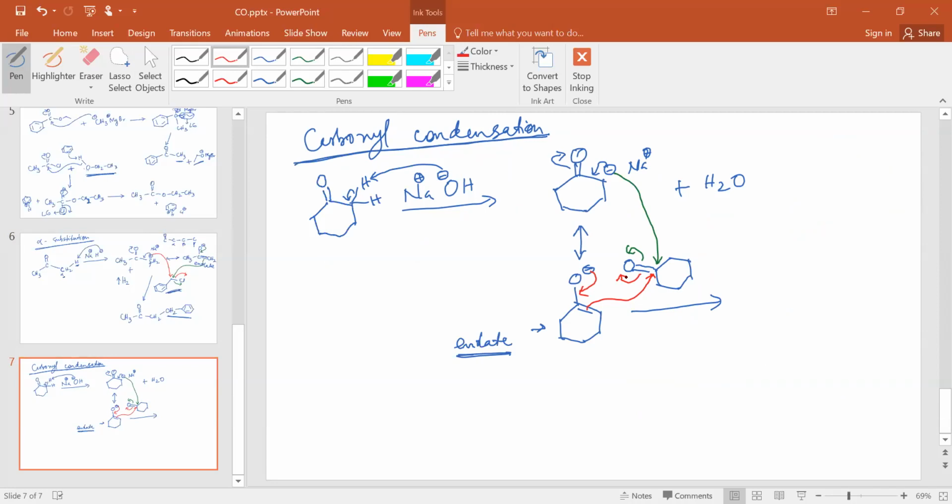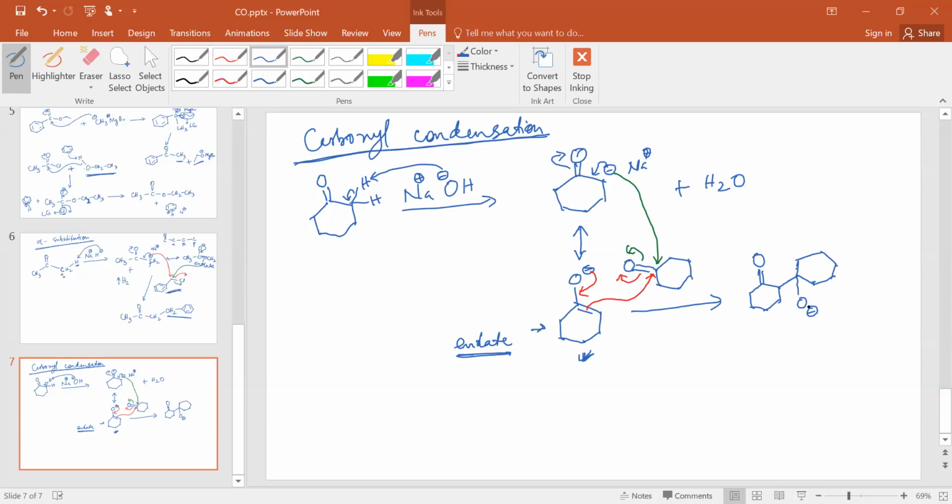So what will be the product here? I'm writing first this one. The carbonyl is coming back, and this is making a bond with the carbonyl of another molecule. And on this, the O goes back to O minus.